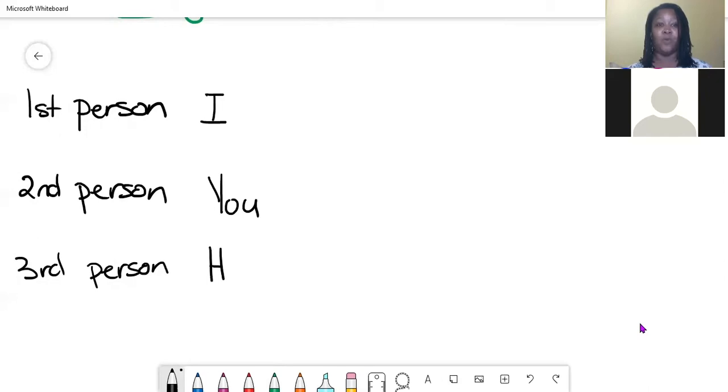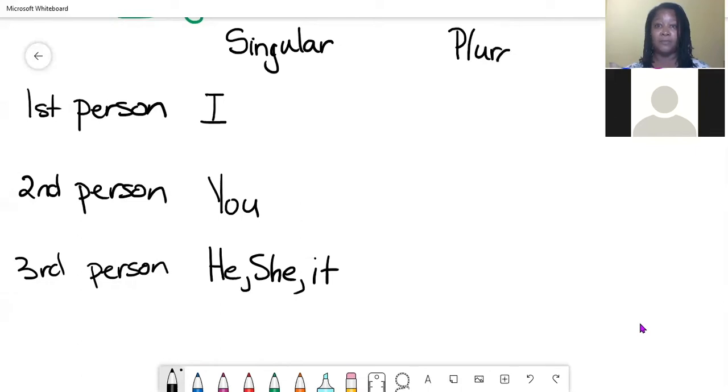This is what we normally have in English, I must say: he, she, or it. Now, these are all singular in a sense. Then we're going to have our plural forms. A lot of I's, so I and I and I and I becomes we.